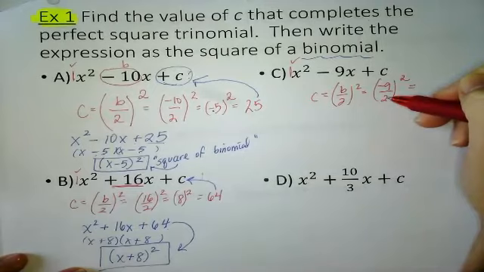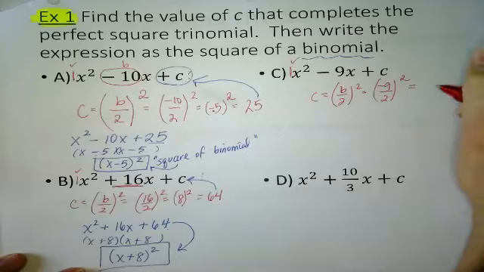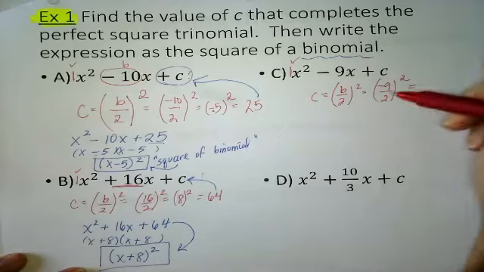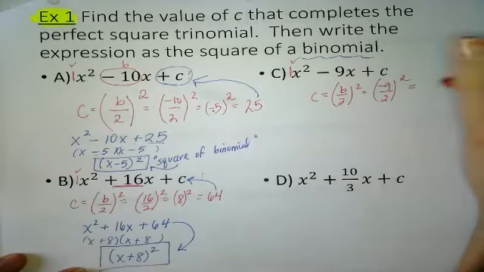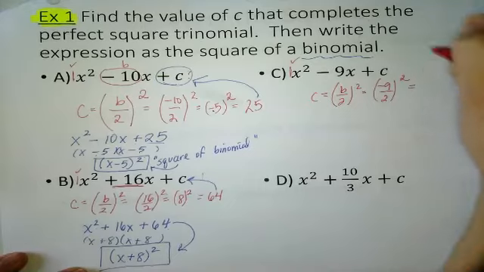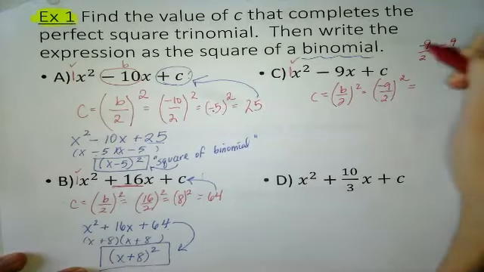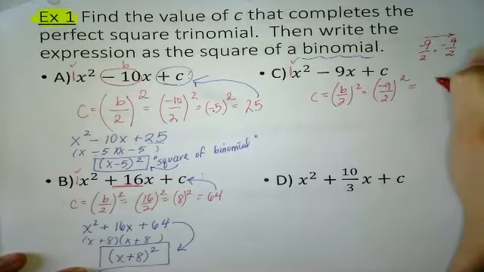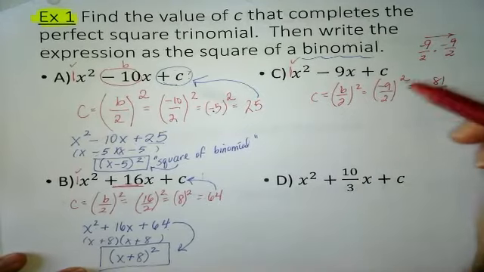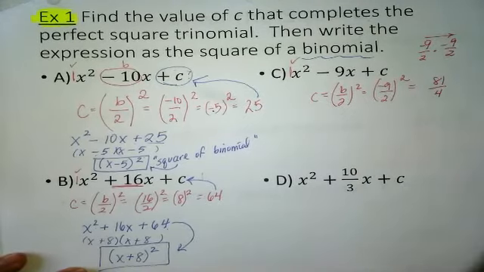If you wanted to, you could use negative 4.5, so you could write it as a decimal. But I think I'm just going to leave it as a fraction, and I can square that actually quite easily. So that is negative 9 over 2 times negative 9 over 2. We just multiply straight across. It's going to be 81 over 4. Square the top, square the bottom.